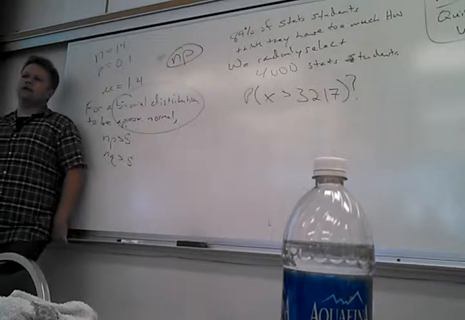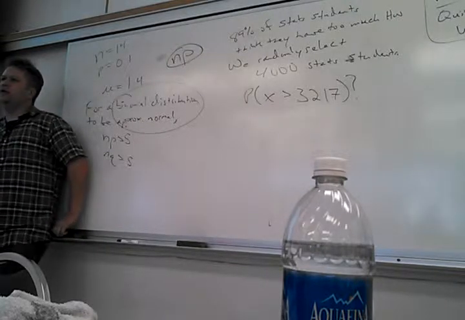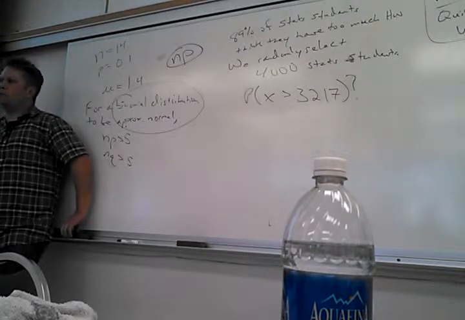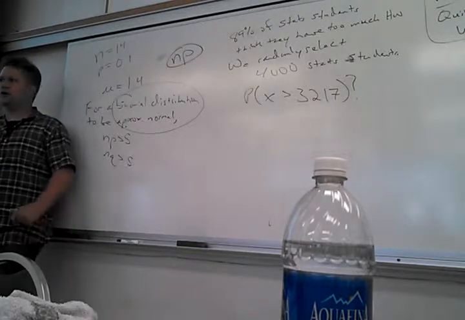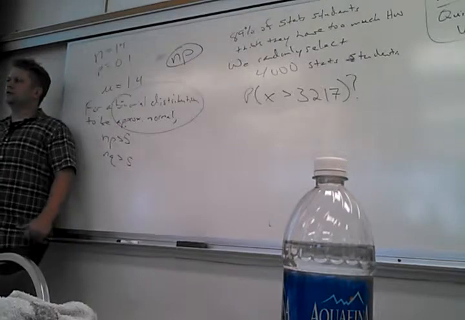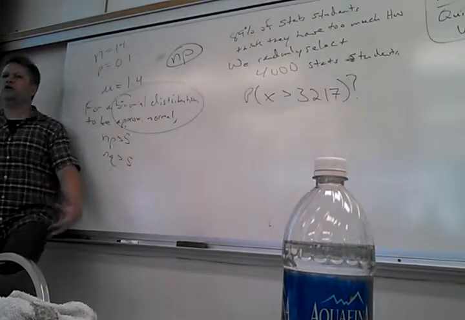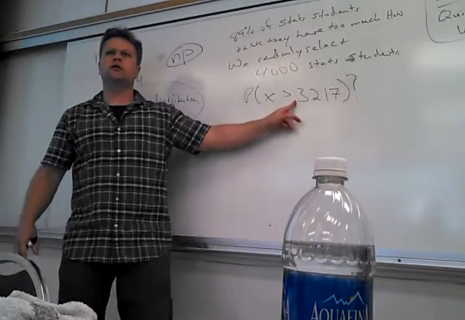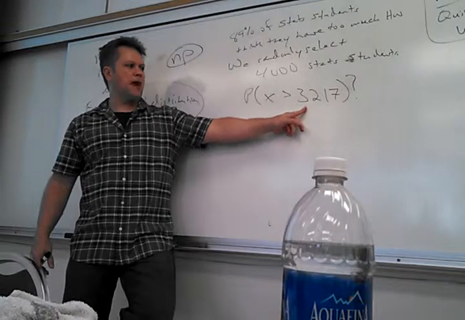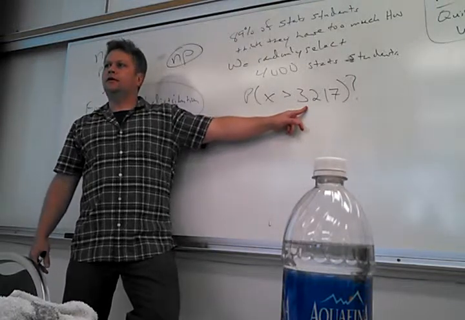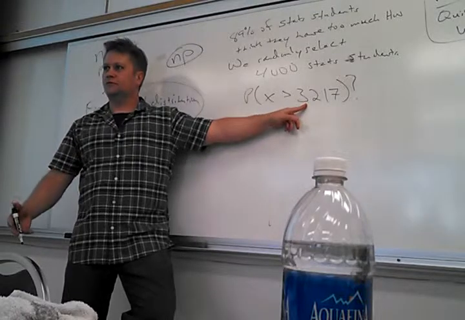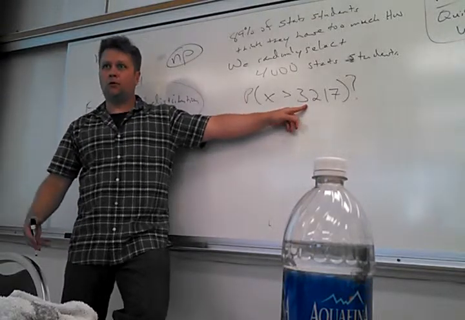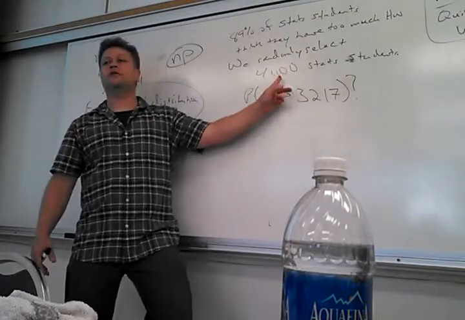Now, can somebody please tell me, if we tried to do this problem the way we've been doing these kinds of problems, how much work is involved here? What answers this question? What situation would actually match this? I find 3,218, or 3,219, or 3,220, all the way up to 4,000.